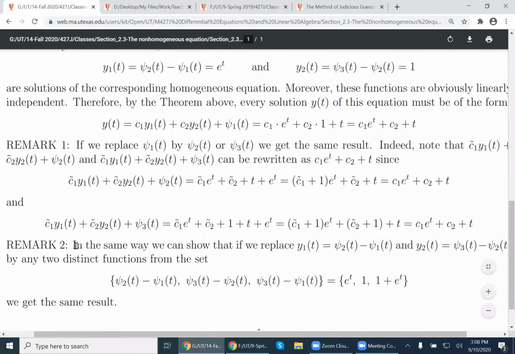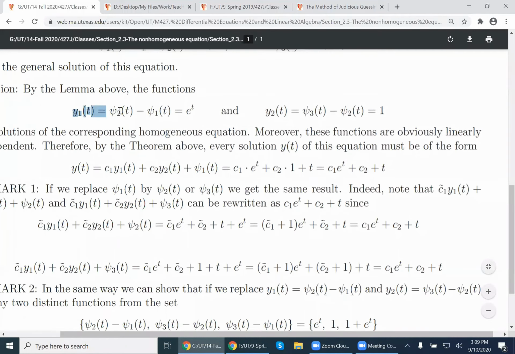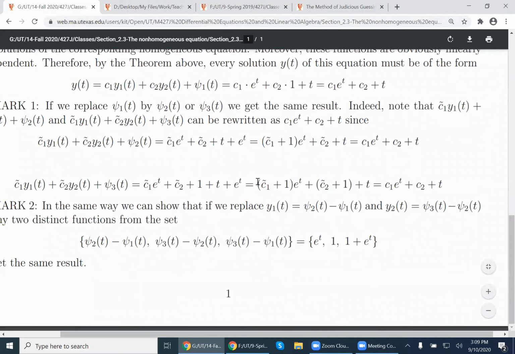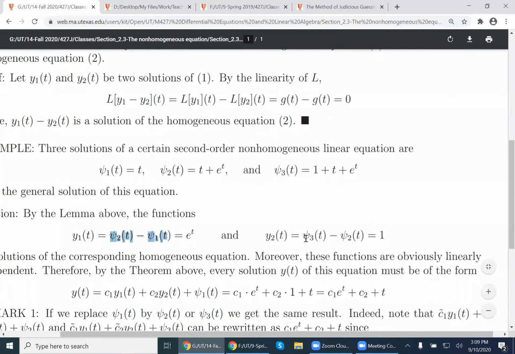Remark 2. In the same way, we can show that if we replace this y1 and this y2 by any 2 distinct functions from this set, we get the same result. In other words, one can ask the following question. Here we consider psi2 minus psi1, psi3 minus psi2.